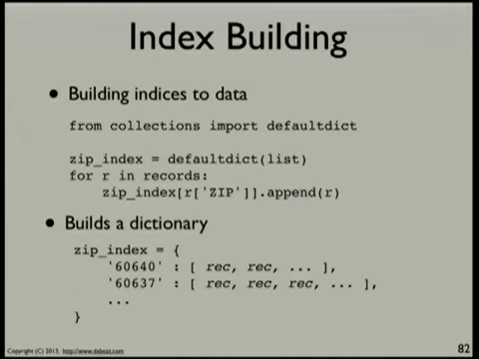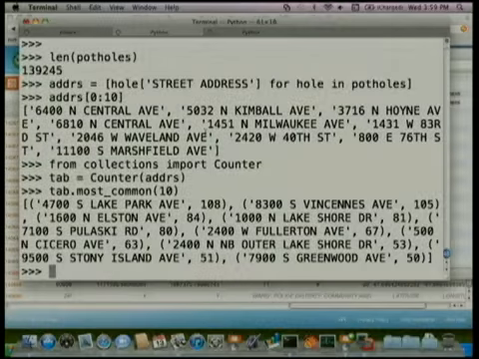The other thing that might be useful is what I'm calling index building. Let's say you had this huge database of potholes, 139,000 potholes, and you wanted to be able to do indexing by zip code.